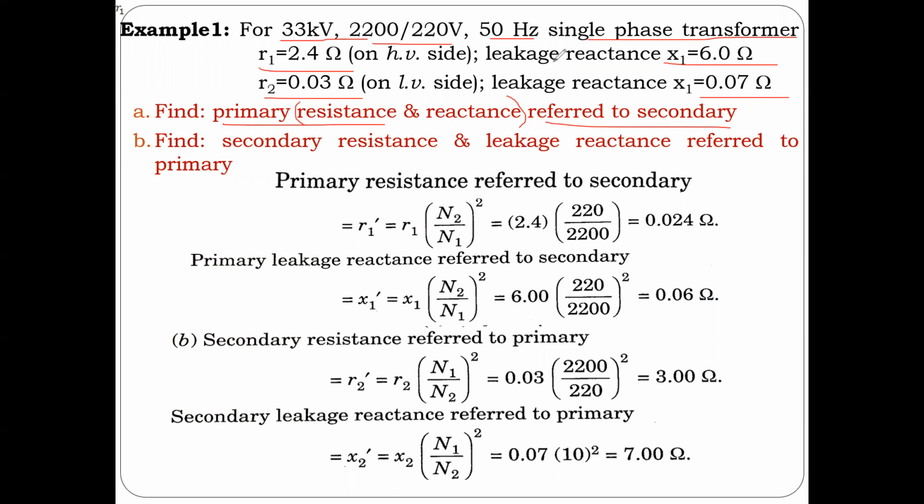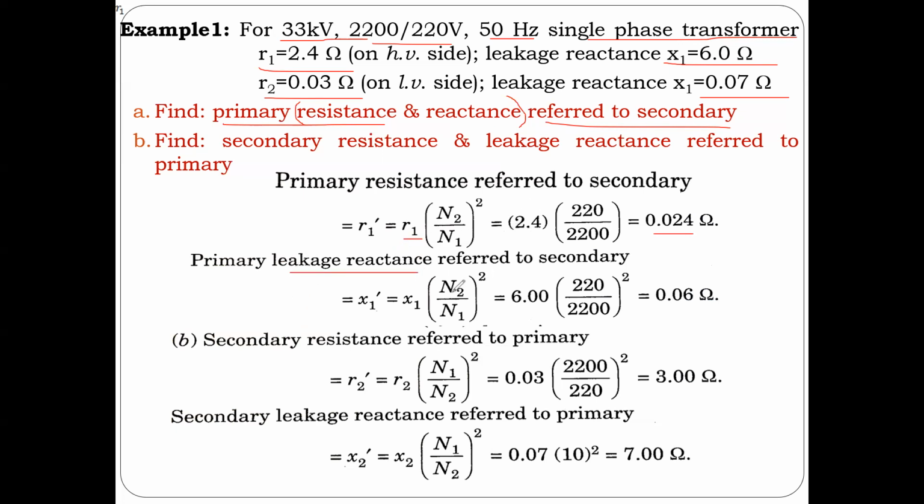So the primary resistance referred to the secondary would be R1 times (N2 over N1) squared. From 2.4, it becomes 0.024, because the turns ratio is 1/10, and the square of that would be 1/100.